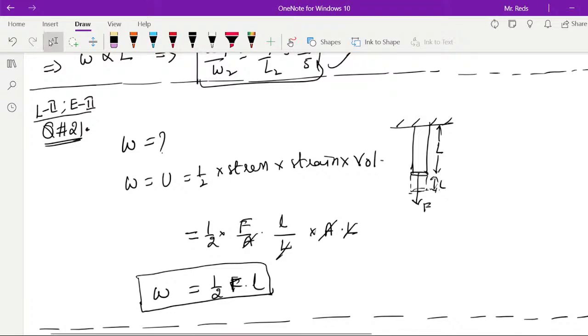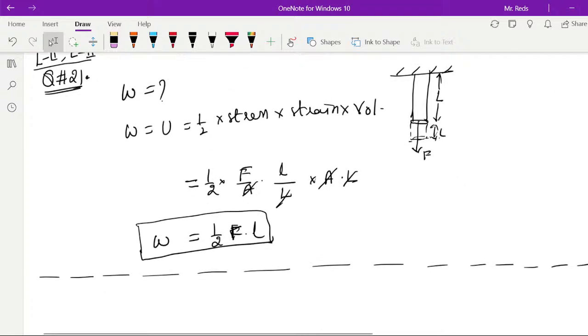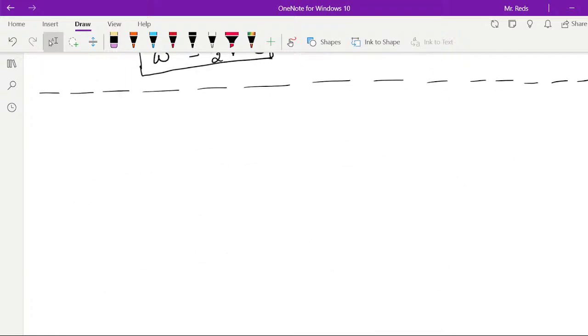Right, next. Question number 22. So what is given here in the 22nd question?